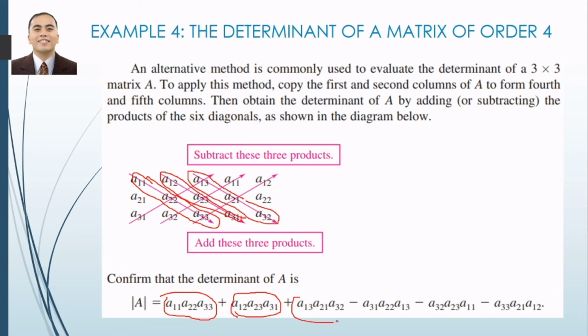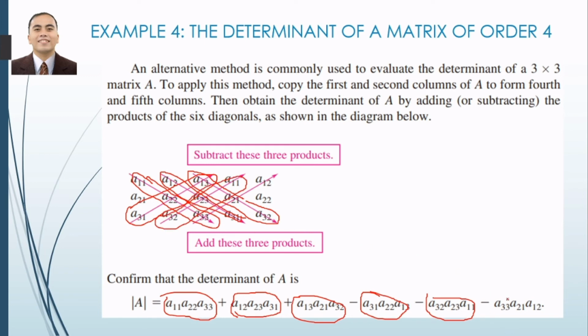Then we need to subtract the other diagonals. So we have minus A sub 3 1, A sub 2 2, A sub 1 3. Minus A sub 3 2, A sub 2 3, A sub 1 1.